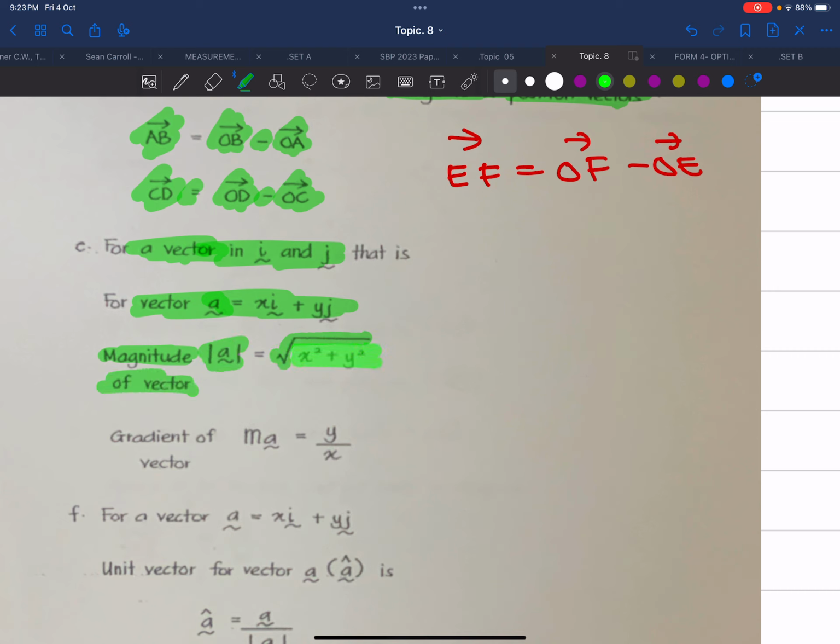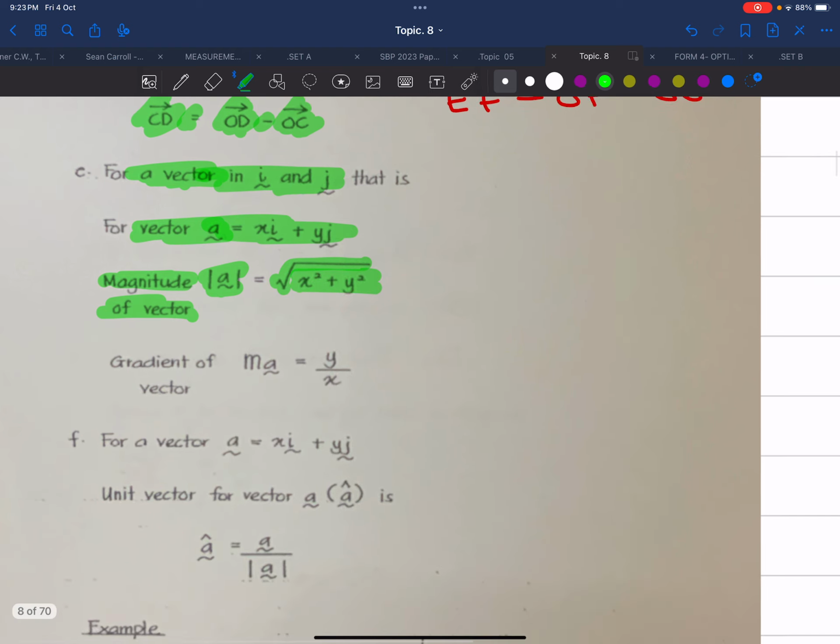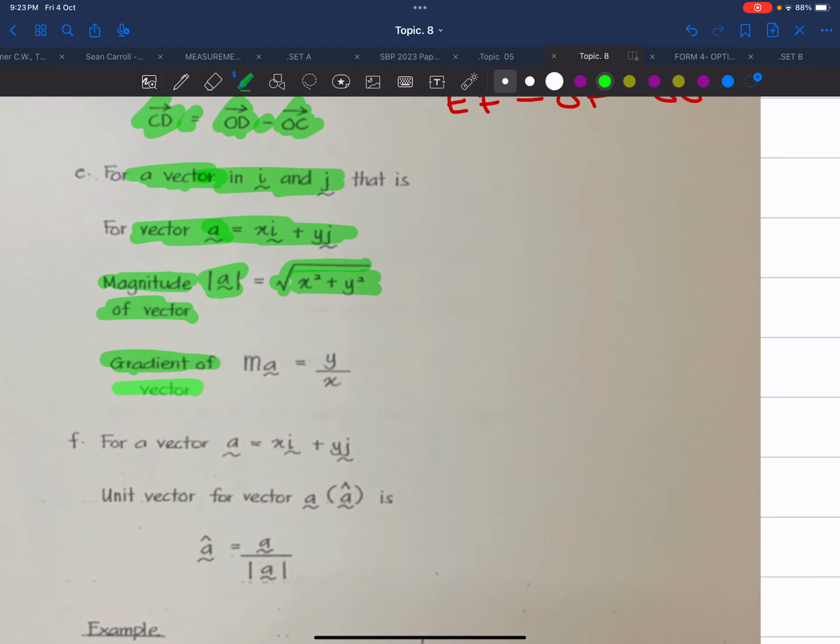And the gradient of a vector, a vector has a gradient because it is a straight line. The gradient of vector A is y divided by x. Y is with the j, x with the i.